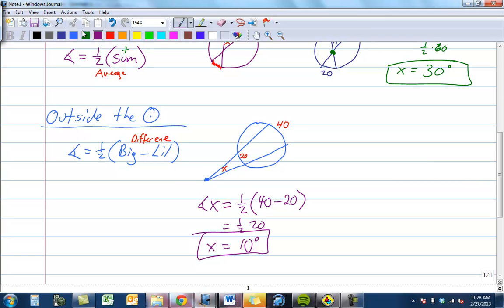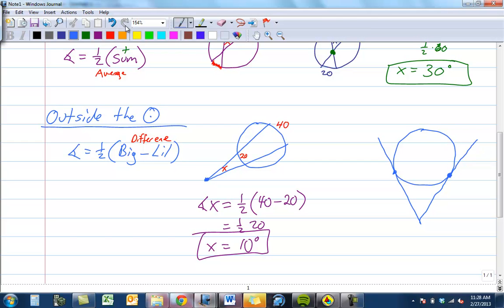Let's do another one. Big circle. In this case, we have two tangents. Two tangents hit it right there and hit it right there.